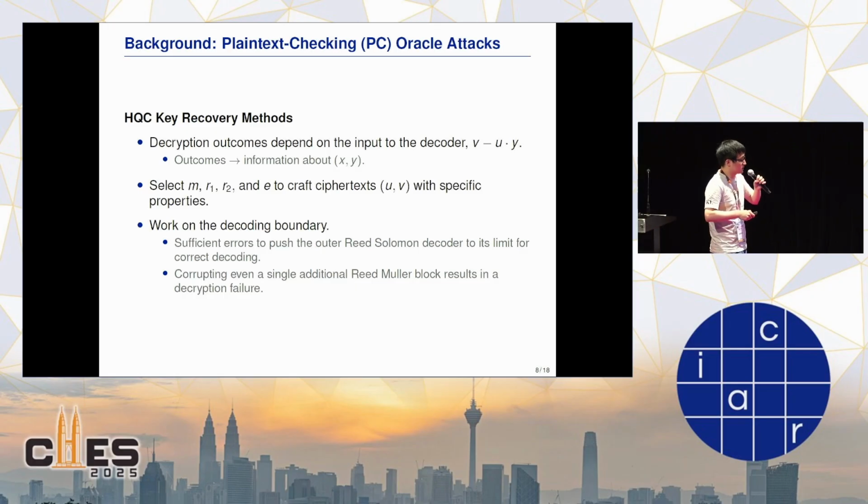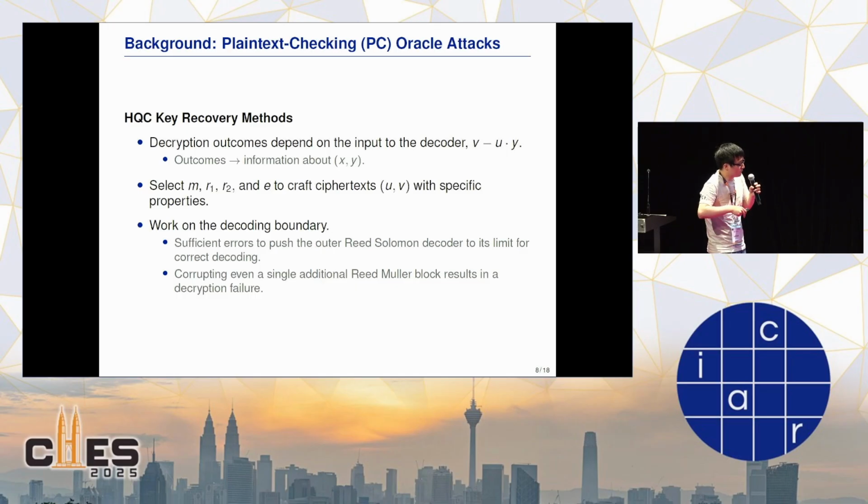And then we just try to work on the decoding boundaries. We reach the decoding boundary and see the decoding behavior. So it's very important to reach the decoding boundary. So how do we do it for this concatenated structure? We first inject sufficient errors to push the outer Reed-Solomon decoder to its error correction limit.